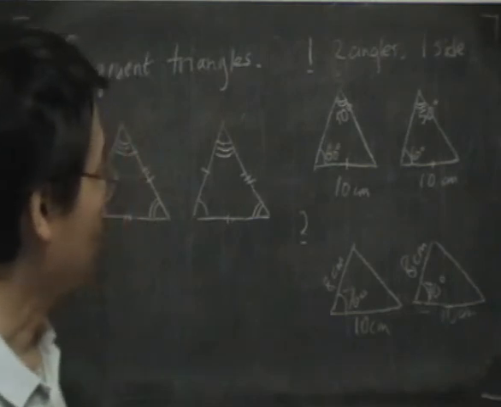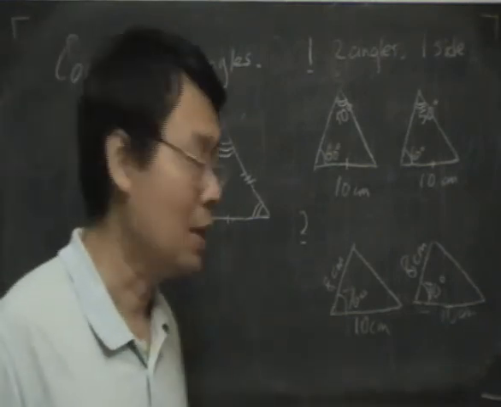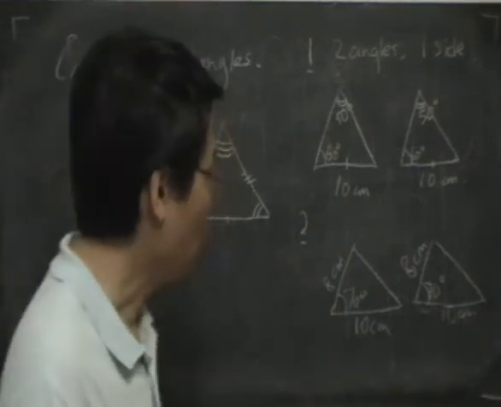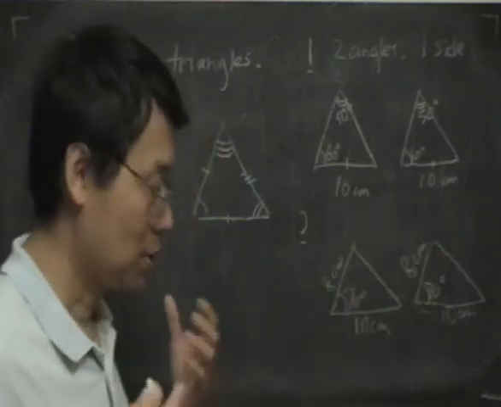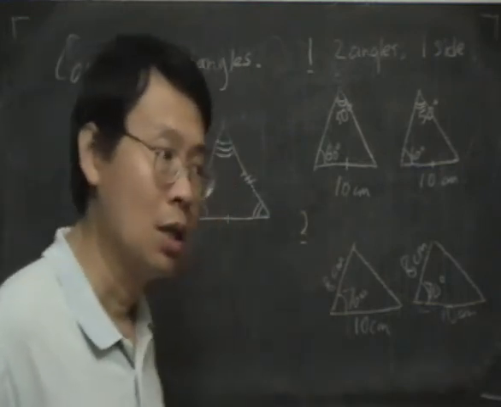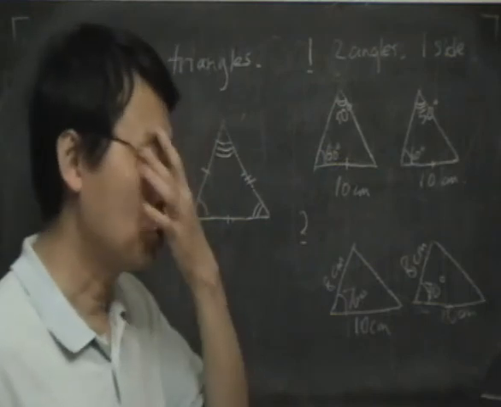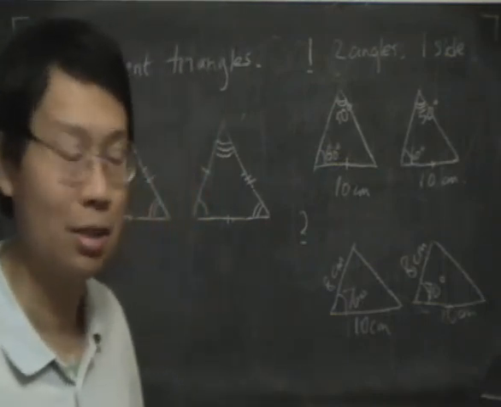Again, we can. You can actually imagine one way to understand why this is enough to say that it is congruent is to think about whether this information alone is enough for you to draw the triangle.